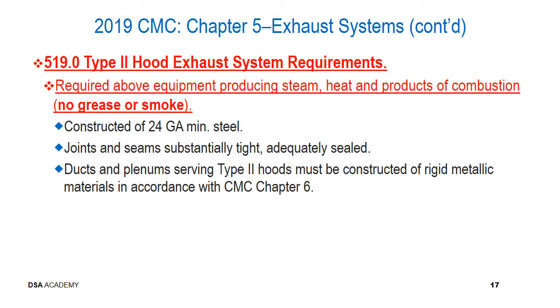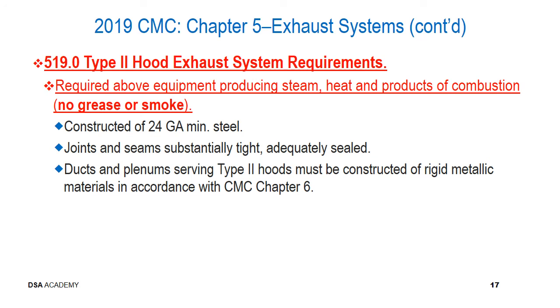Section 519 of Chapter 5 addresses Type 2 hood exhaust system requirements, and Type 2 hood exhaust systems are characterized by the fact that they transmit steam, heat, odors, and other products of combustion, but definitely they do not transmit grease or smoke.